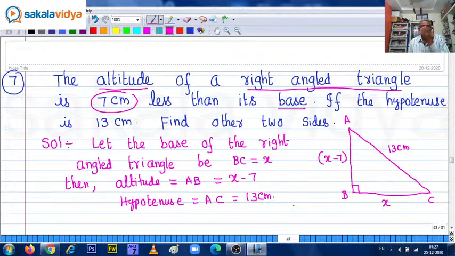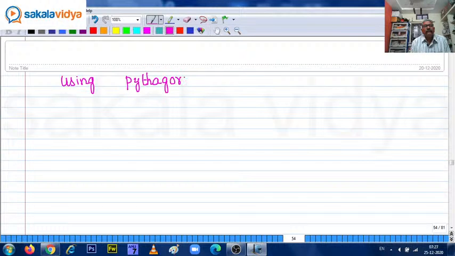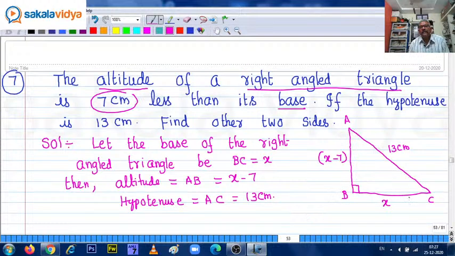So now using Pythagoras theorem, what does it state? It states that AB square plus BC square is equal to AC square.